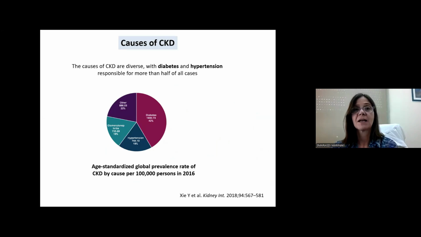Of course, diabetes is the leading cause of end-stage renal disease. About 42% of cases with end-stage renal disease are due to diabetes, followed closely by hypertension, and then all the other conditions.